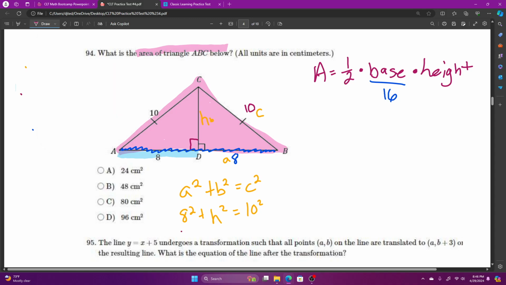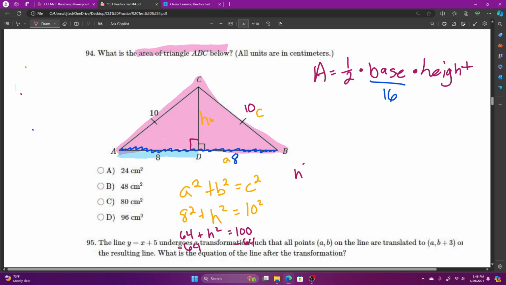8 squared is 64, plus our height squared equals 10 squared, which is 100. Next step, get our numbers together, subtract 64 from each side.